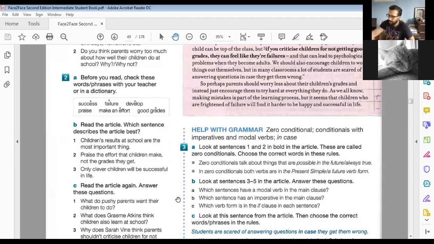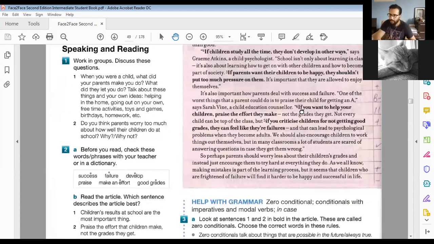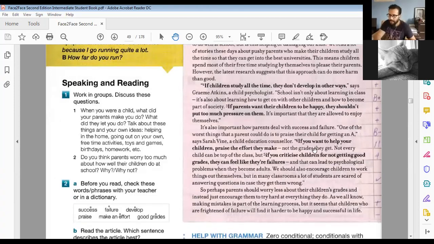So it's like a verb where you have to do something. So can you find one of those? Let me take you to the article so you can check. Look from number 3 to 5 and try to look for which verbs are imperatives.